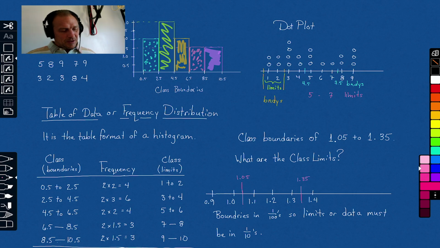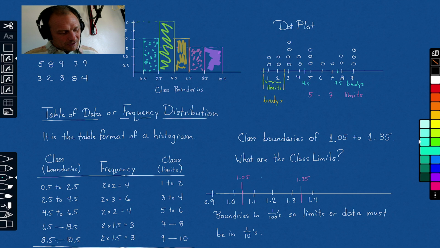So there you go. Your limits then are the lowest and highest data values possible within that boundary. So our limits in this case are going to be from 1.1 to 1.3. So who knows, there could be a whole bunch of dots over 1.1, some dots over 1.2, some dots over 1.3.